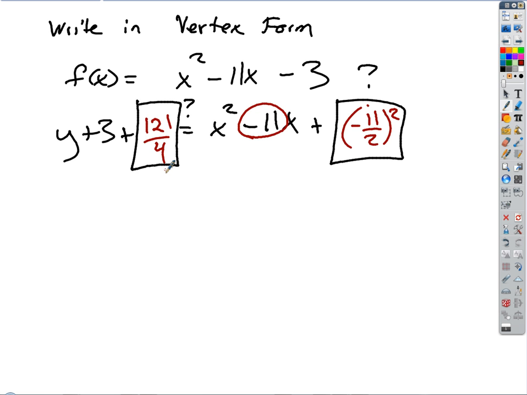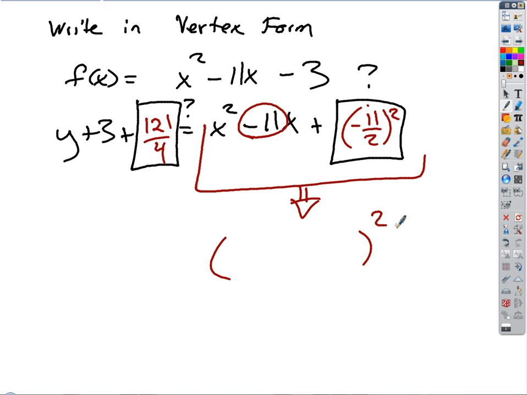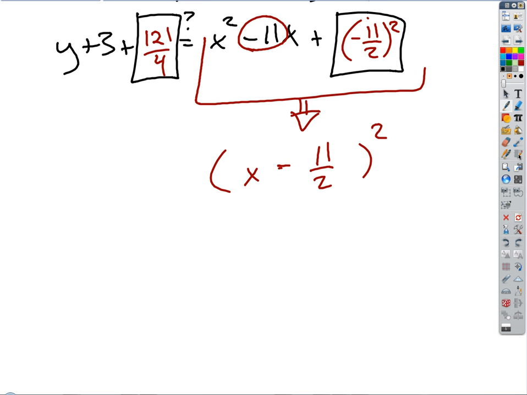Okay. And the reason I do that is because all this stuff just becomes the perfect square. Whatever that number is, half of that number squared, plus x squared is my perfect square every time. And on the other side, we're just going to simplify and get an answer.